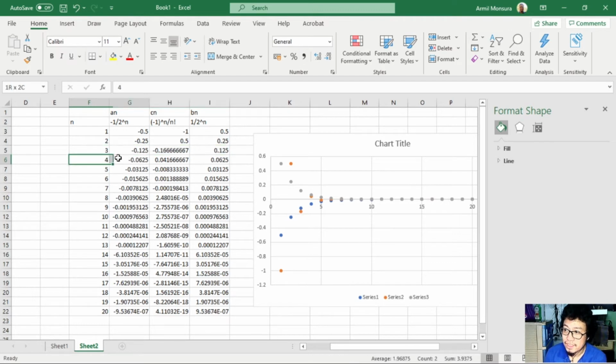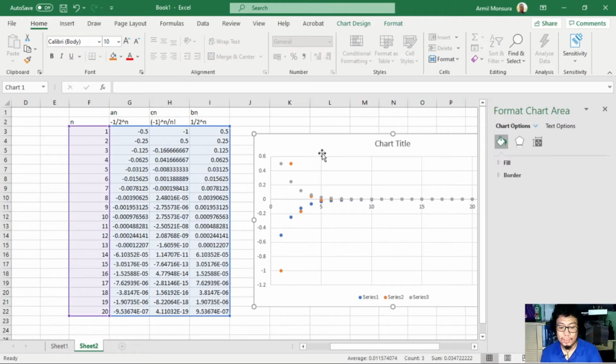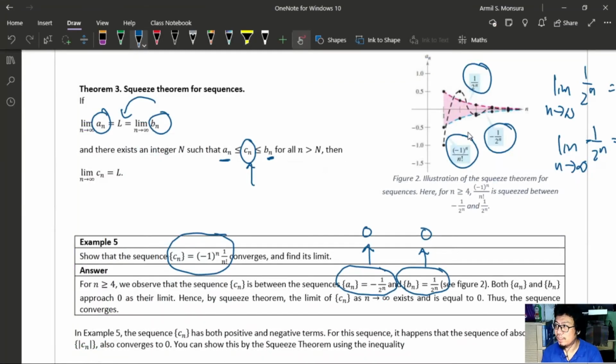But notice that starting at n equals 4, this now is in between this and this. Starting at n equals 4, the terms of Cn are now in between these two. You can actually verify that with a graph. That is what this graph is for, but you may not be able to understand it clearly.